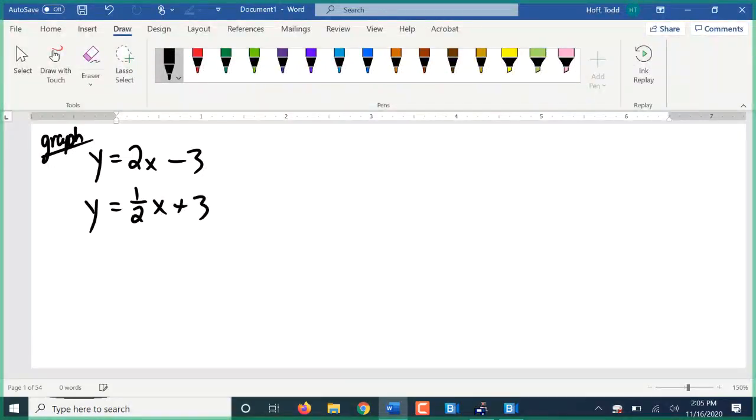So I'm going to have you graph those two equations quick. I'll give you about a minute, and then we're going to take a look at them and discuss what they mean.